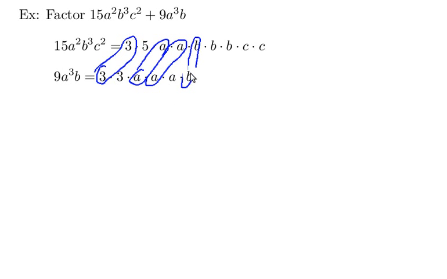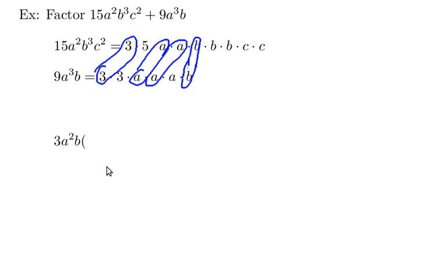Okay, so that means that the 3a squared b is going to go on the outside. So let's go ahead and write that down on the next line. 3a squared b, this part is going to go on the outside of the parentheses.